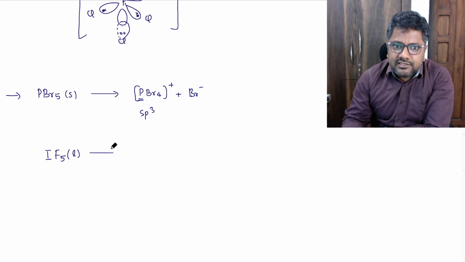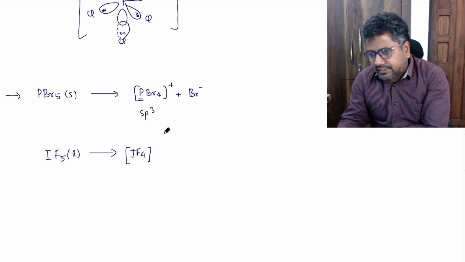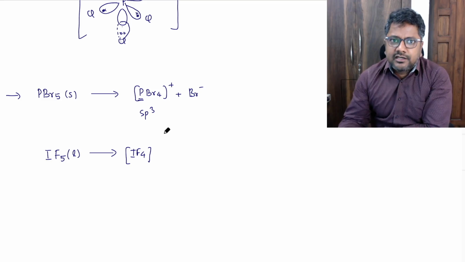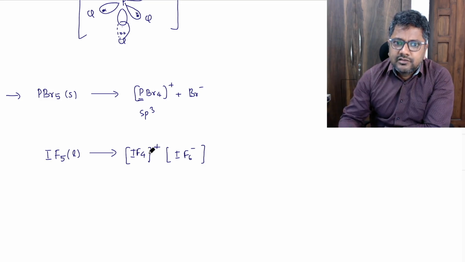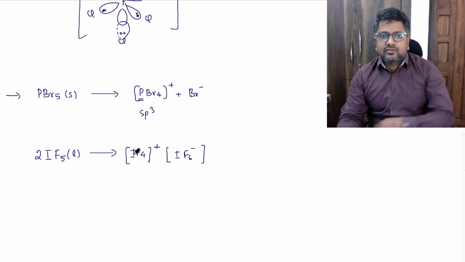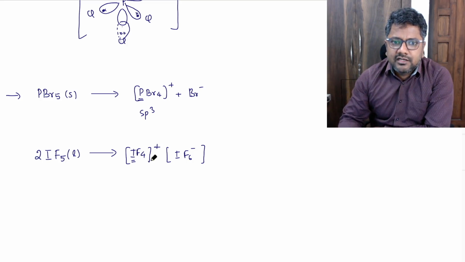So this will exist as IF4 plus and IF6 minus. Whenever a molecule has a chance to reduce the steric repulsion, it will do so, right? So basically 2 moles of this will interact. So you have to report the hybridization here and here.